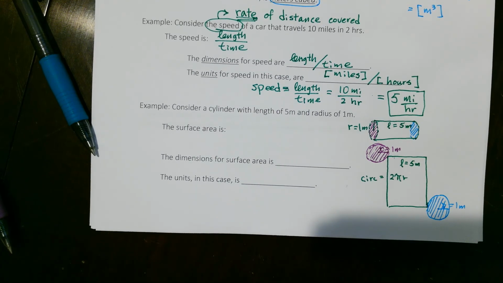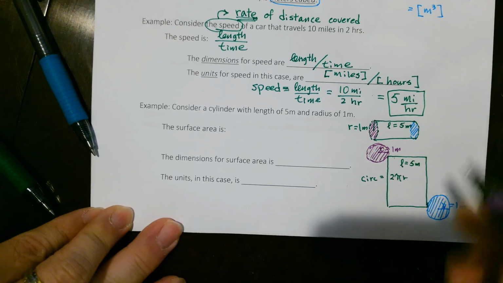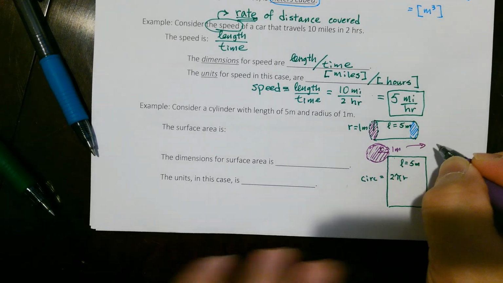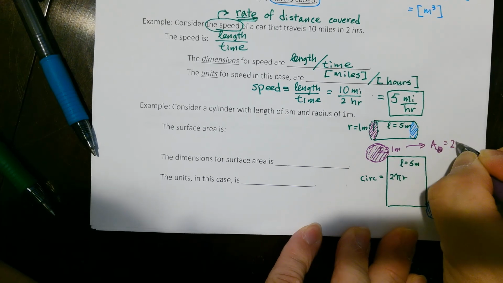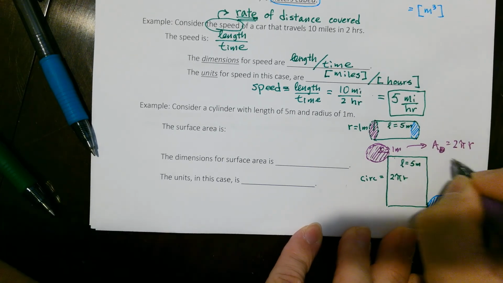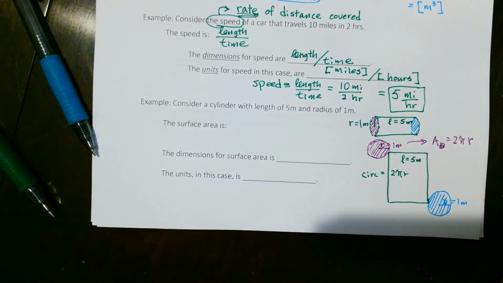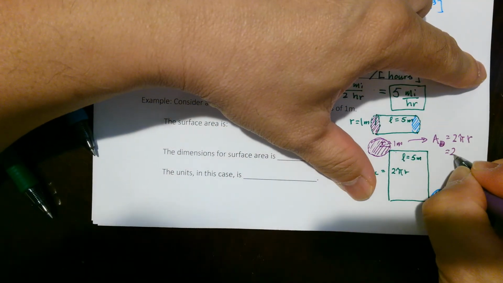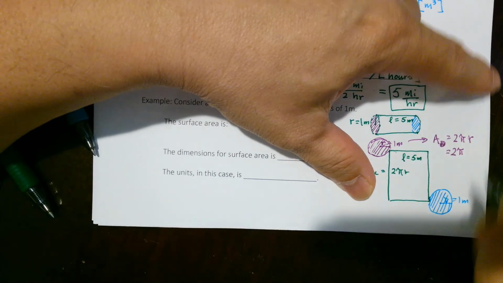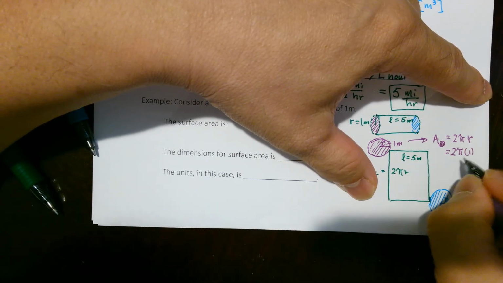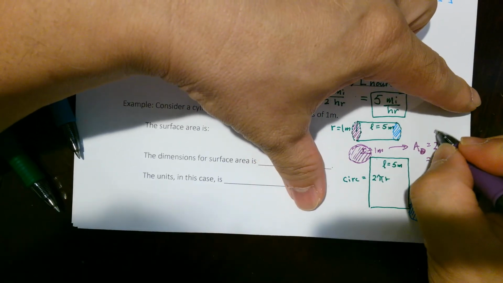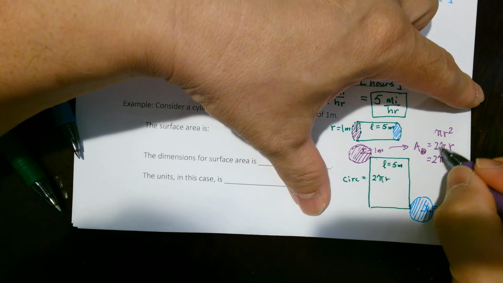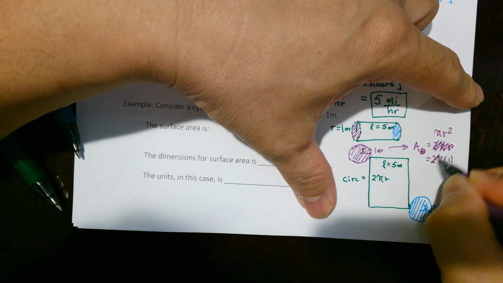All right. So let's think about the areas that are involved. So the area for the top part, the top lid, is 2 pi r. And since we know r is equal to only 1 meter, so we have 2 pi times 1, I'm sorry, pi r squared.